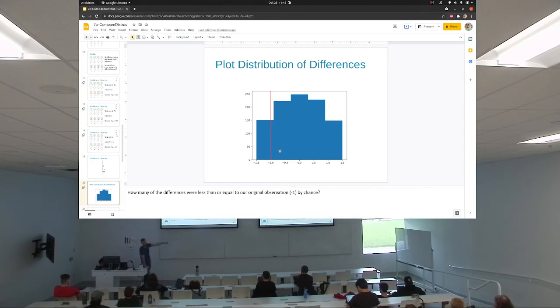It was 1 day faster. The whole distribution is the by chance distribution. What would be the total number of the by chance to the left? The number of things that we saw less than 1 day would be the number of possible configurations that happened by chance that matched or beat what we observed.